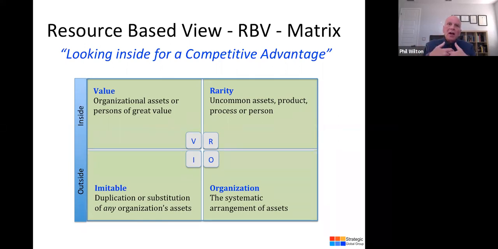And it's not until you're actually successful after some period of time that they begin to realize what you're doing within your organization to make it more valuable and rarer. And we've got an example of that coming a little later with Apple. Outside of your organization, imitable and how you systematically arrange the resources and capabilities in your organization are more seeable outside, and so I've identified them as outside.